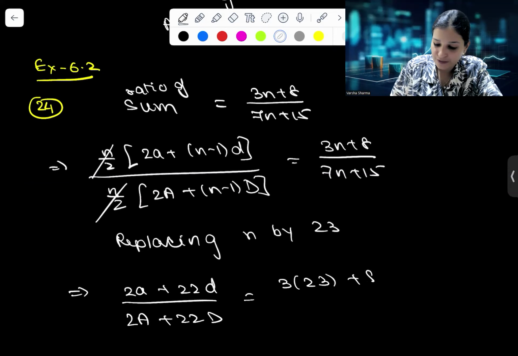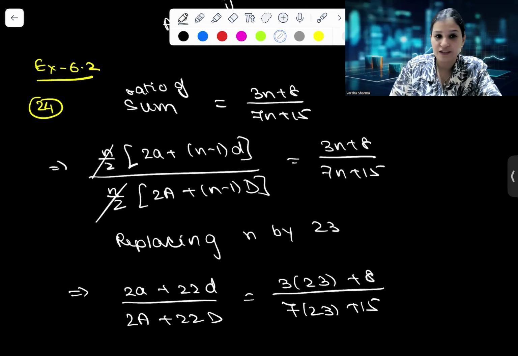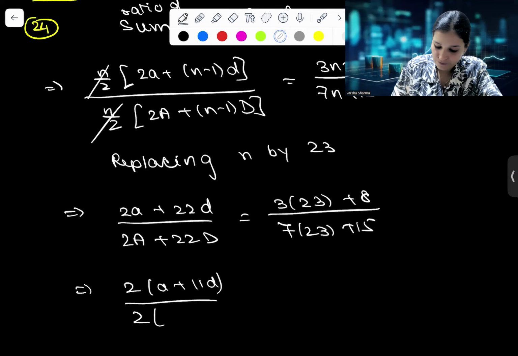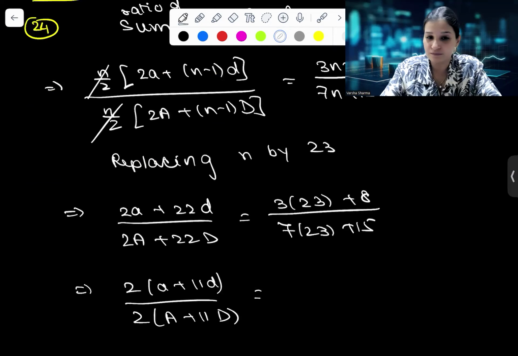3 into 23 plus 8, 7 into 23 plus 15. Again, taking 2 common here. Right side answer: 77 in the numerator, 176 in the denominator.